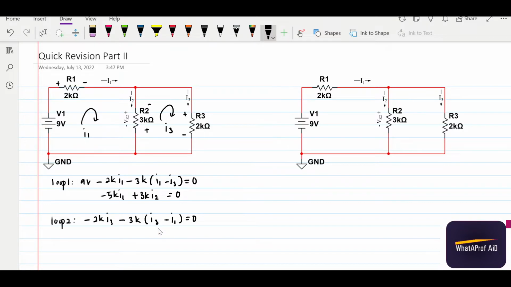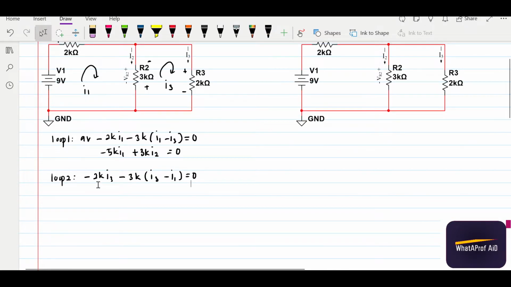Rearranging this equation, we can have 3k I1 minus 5k I3 equals to 0.